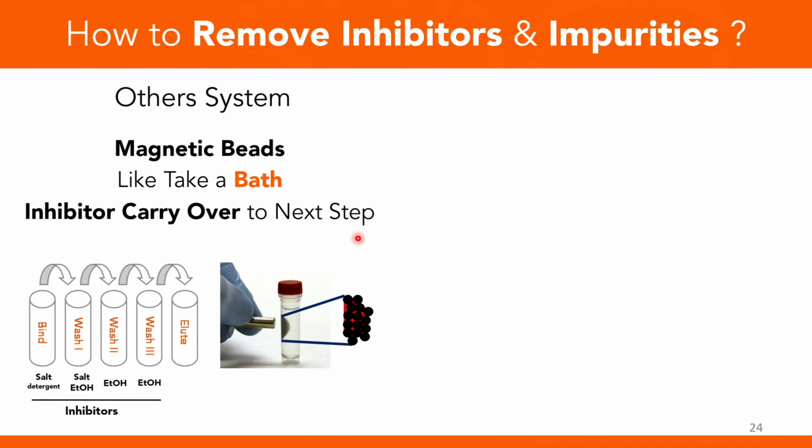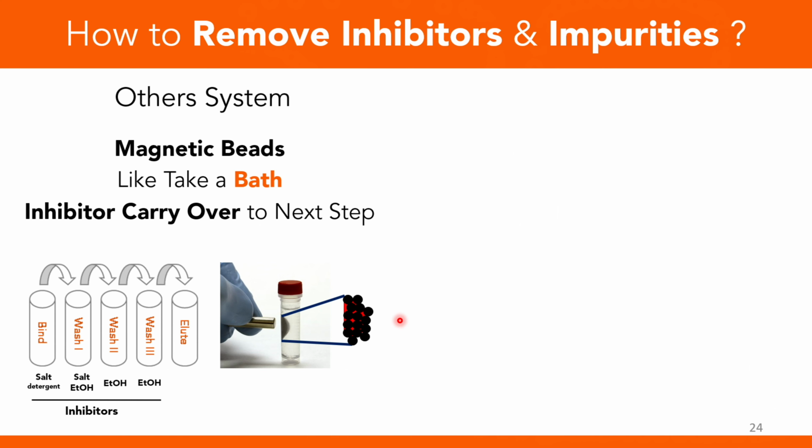And another problem that is more difficult to solve is how to remove inhibitors and impurities in other automated magnetic bead systems. Usually during the washing step, it is just like taking a bath. They use a magnet to attract all the beads and move the beads from one bath to another.